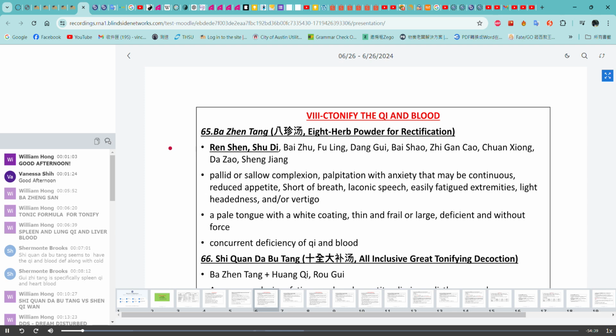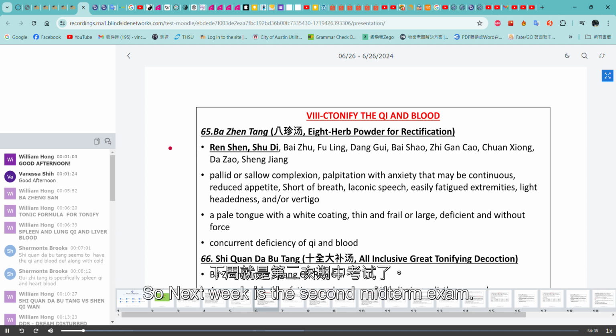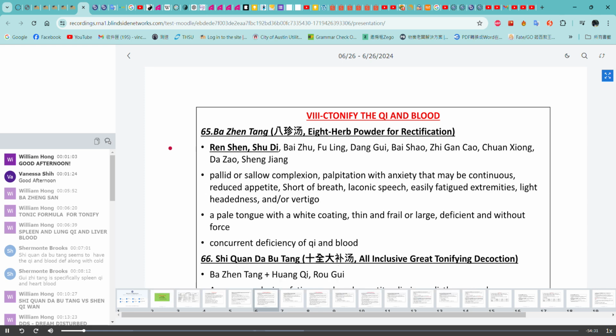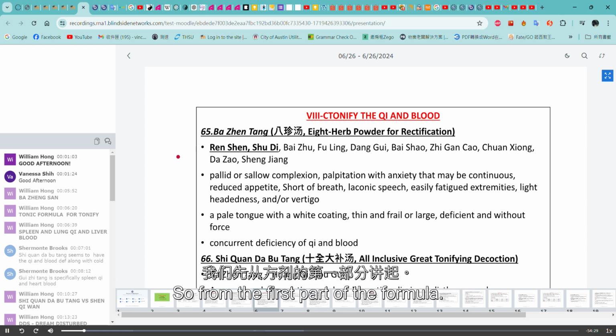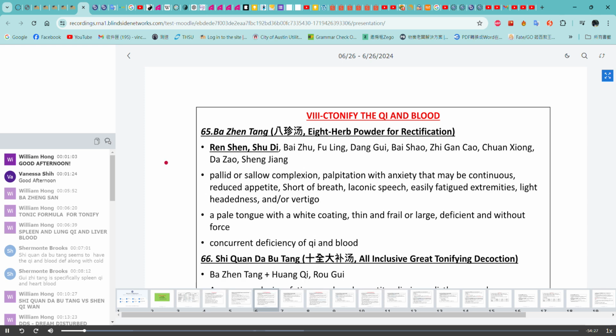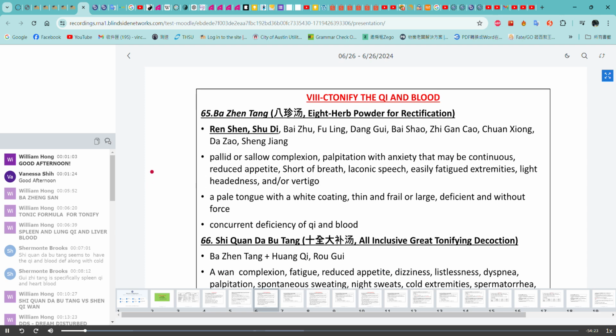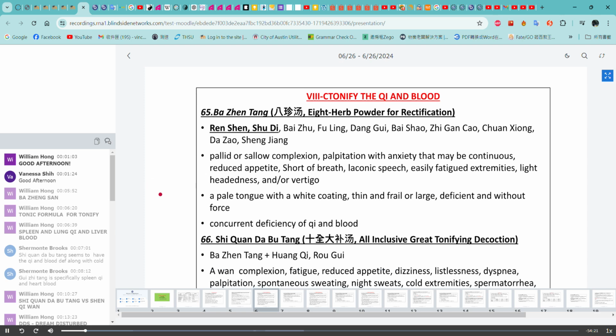Next week is the midterm, like a second midterm exam. Okay, so from the first part of the formula, right? So yeah, Qi deficiency, blood deficiency. Now both Qi and blood deficiency.